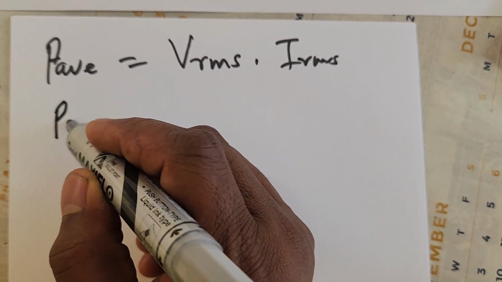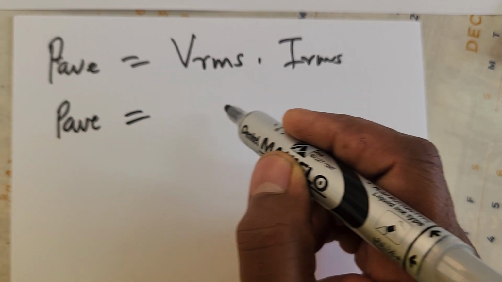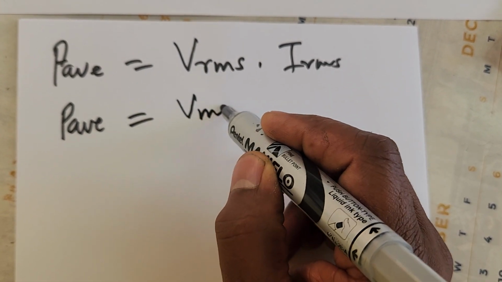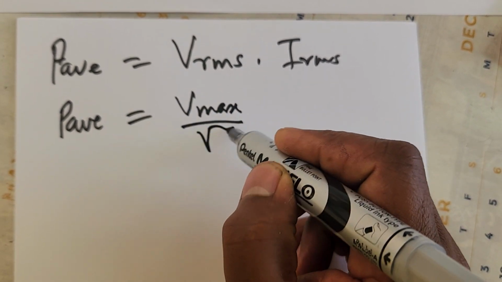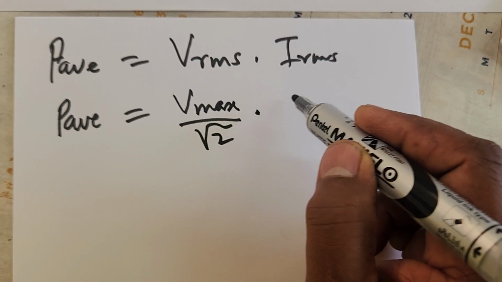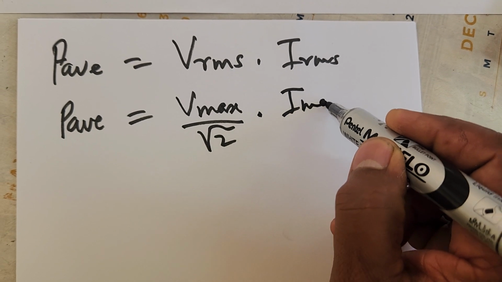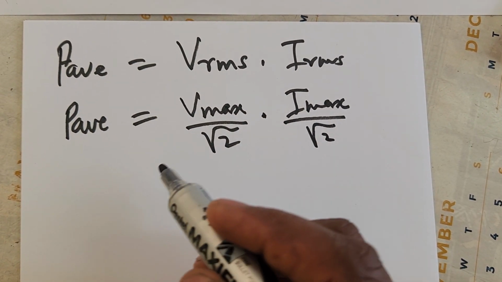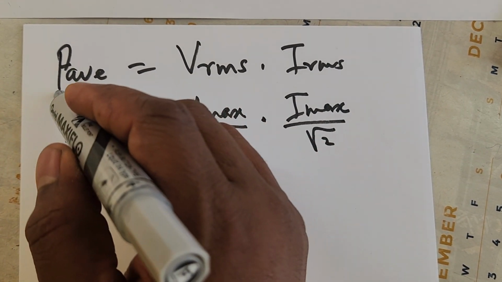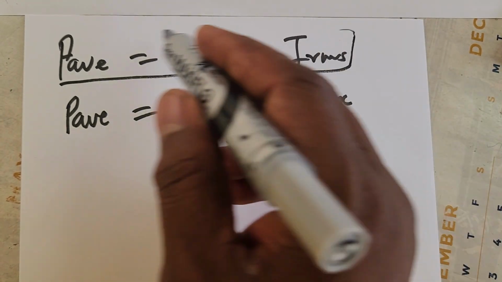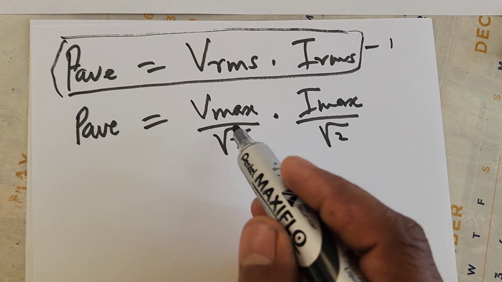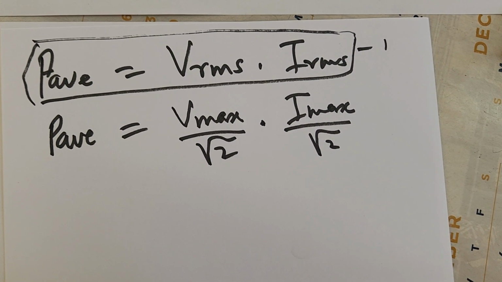Now if you take it from the previous calculation that P average equals V max over root 2 multiplied by I max over root 2, we can quickly say, if this is the first formula that we know, it can now give birth to these two.